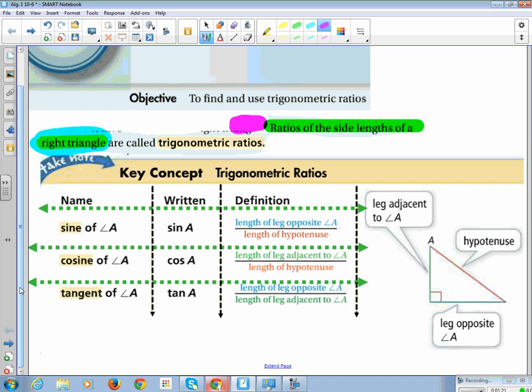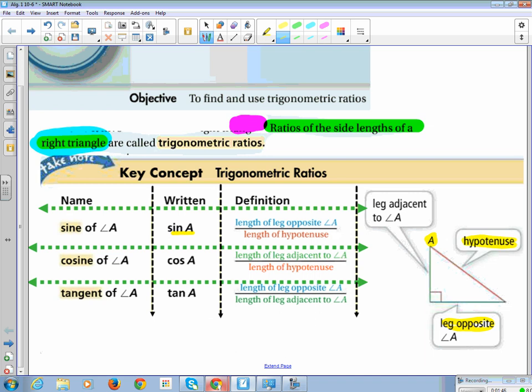So when we see sine A, what it means is that for my angle A, the sine of A is the leg opposite, so whatever this length is, divided by or over the hypotenuse.